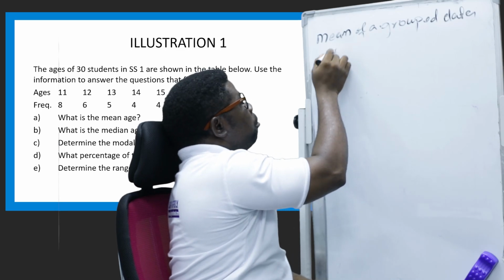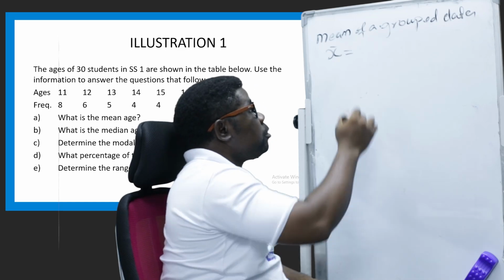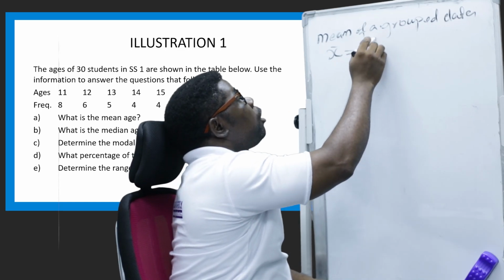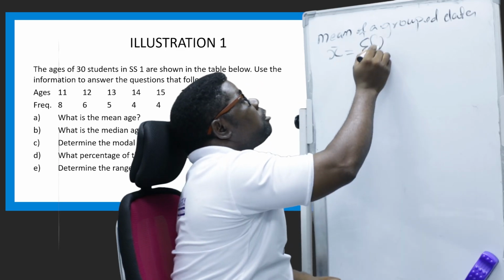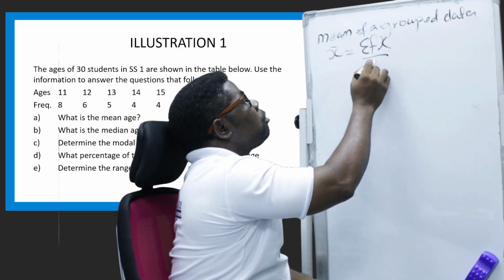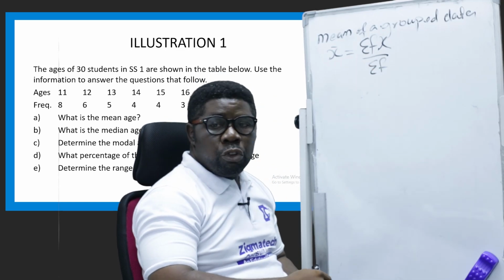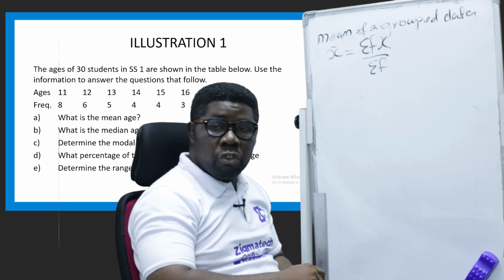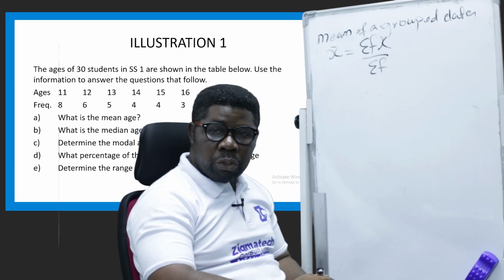The mean is equal to the summation of frequency multiplied by x, over the summation of frequency. This is the formula I'm going to use to derive the mean of this distribution. So what do we do?